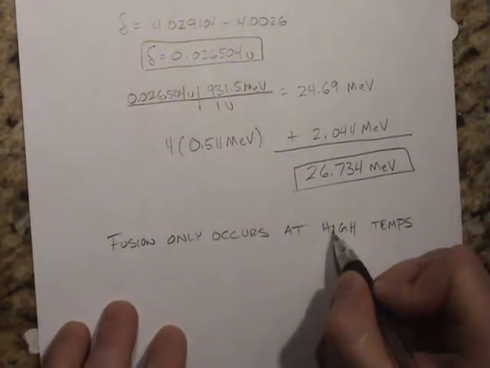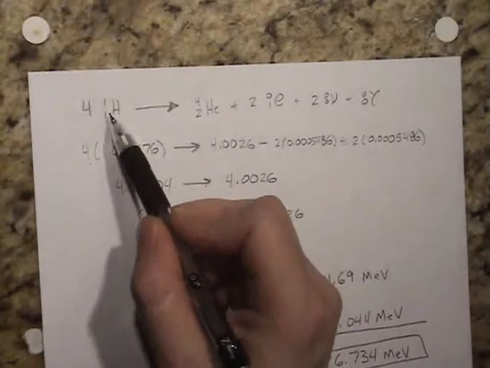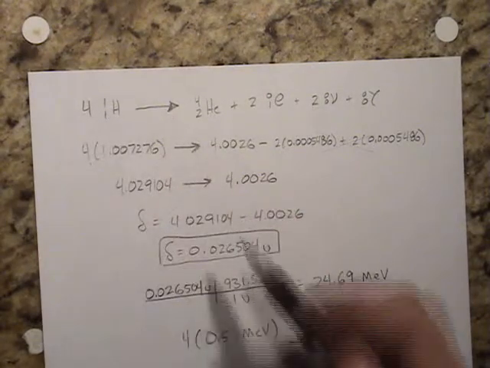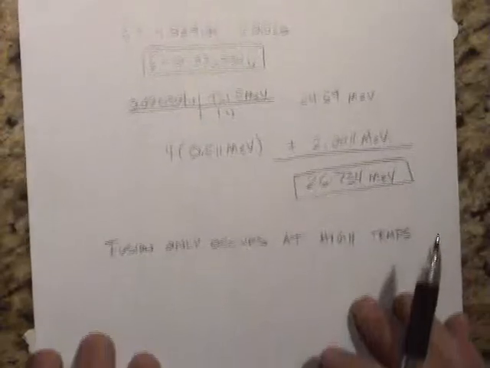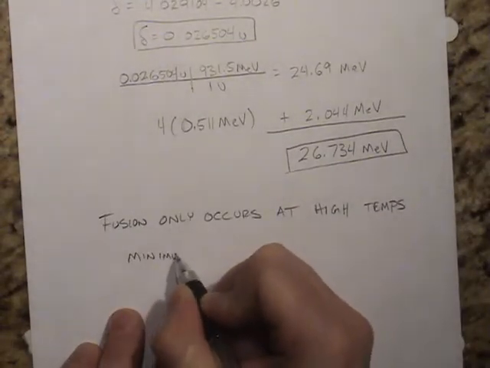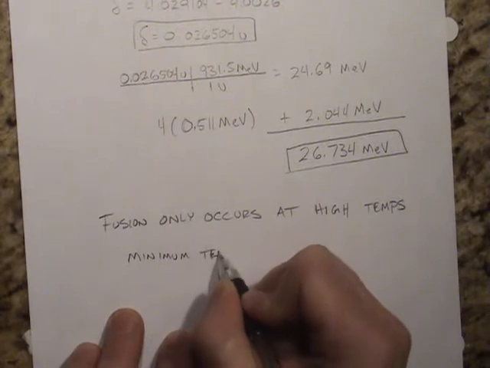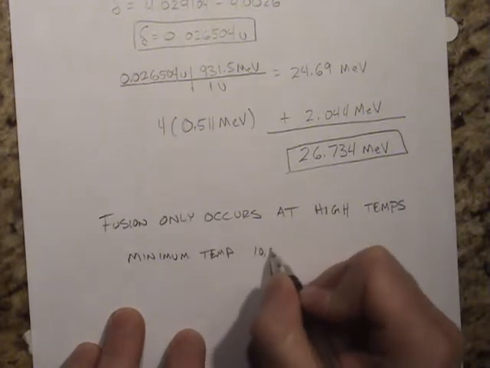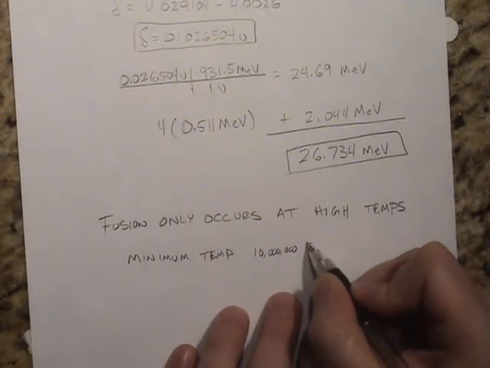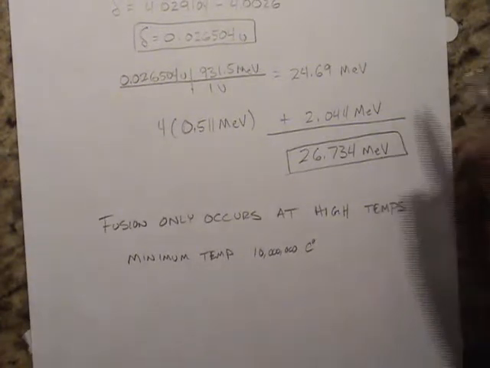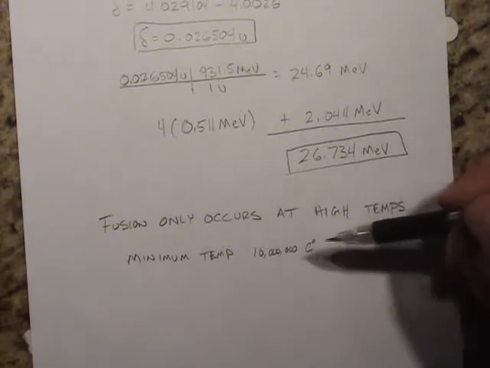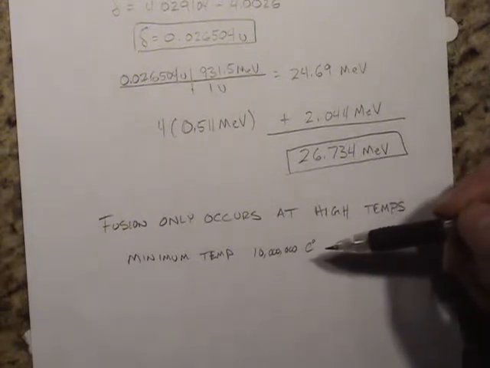So it turns out that this simplest of fusion reactions, the proton-proton fusion to produce helium, only occurs at a minimum temperature of 10 million degrees Celsius. 10 million degrees Celsius is approximately 18 million degrees Fahrenheit.